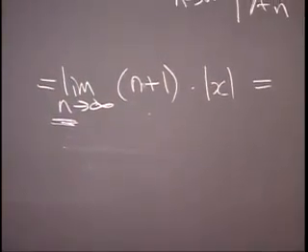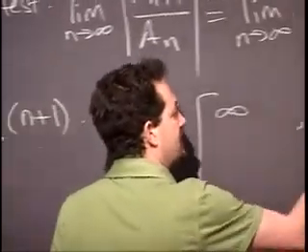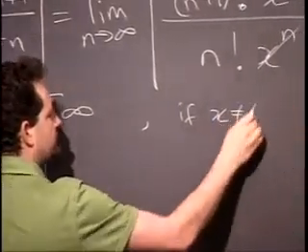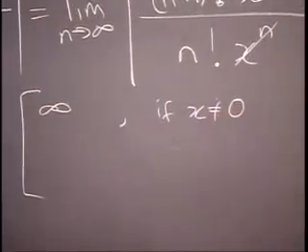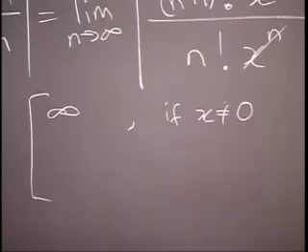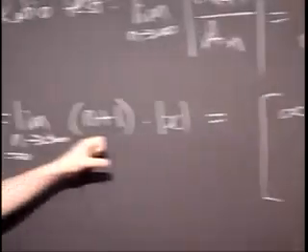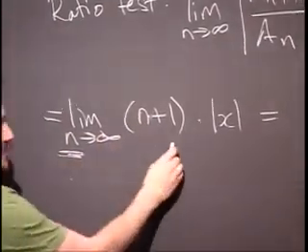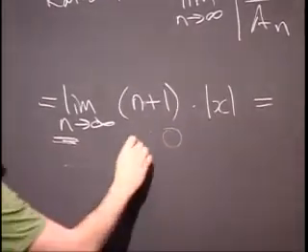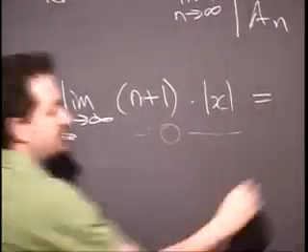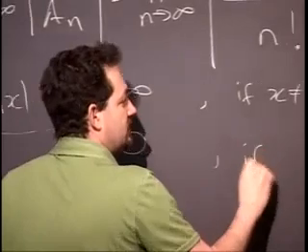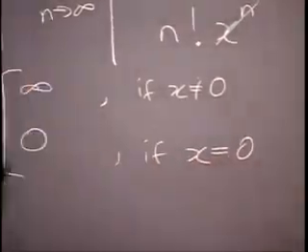So this is equal to infinity if x is not 0. But of course, if x is 0, then this whole expression is 0 for any particular n. And then when you take the limit, you'd be taking the limit of 0 in that case. So of course, this limit is 0 if x happens to be equal to 0 only.